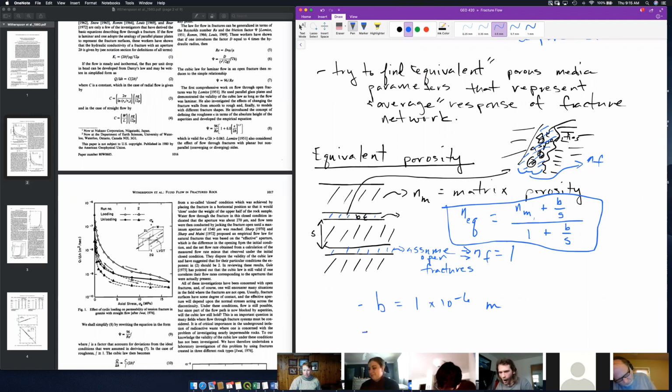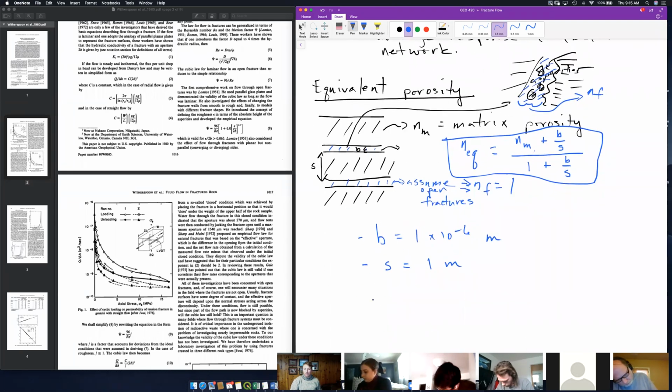The average fracture spacing is about 1 meter. And the granite has a matrix porosity on the order of 0.01. All right, so calculate the equivalent porosity. What is my equivalent porosity in the Garnet Stock?